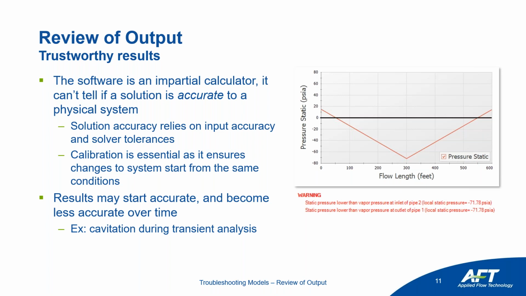That creation of vapor fundamentally breaks the assumption of AFT Impulse that it is essentially incompressible, where it's a liquid system. And so as you have pressure waves traveling through it, that can create uncertainty. The collapse of those cavitation pockets can also create noise, and that noise can make your results much more questionable.